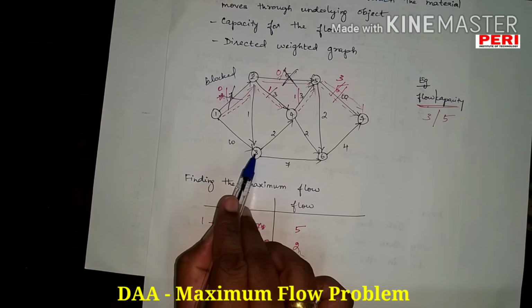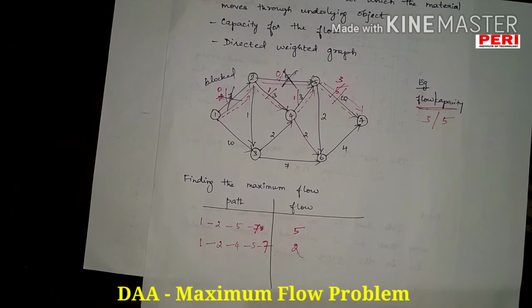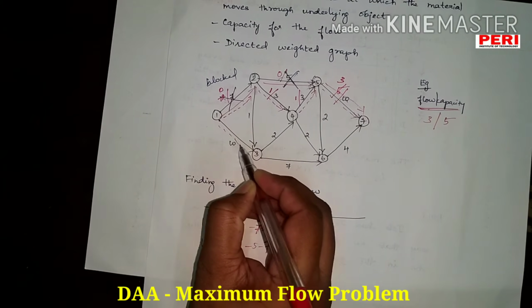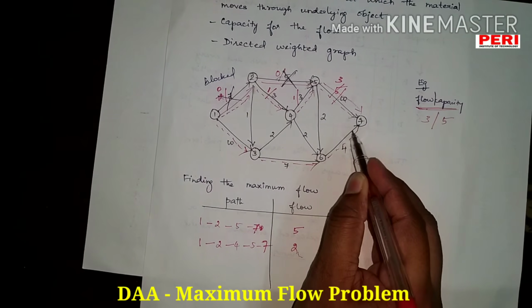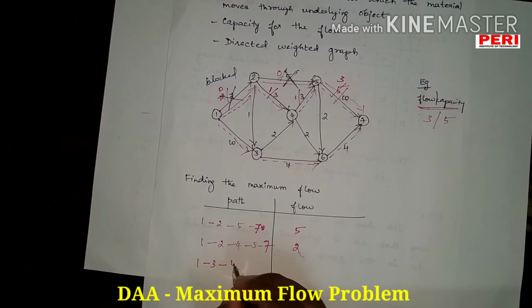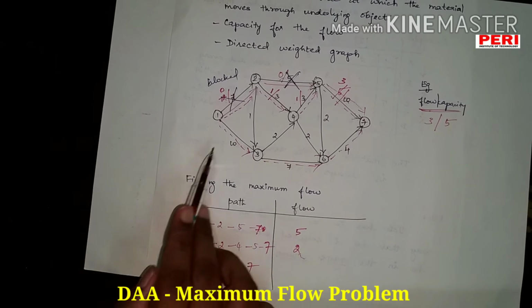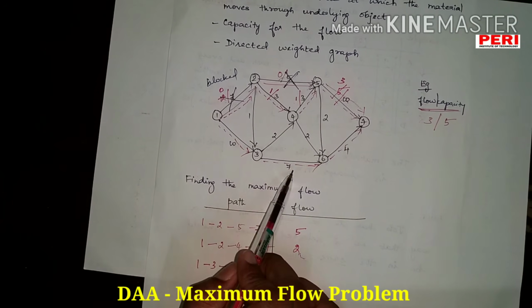So 1 to 3, 3 to 6 and 6 to 7. That is my next available path. Okay, what is the maximum flow? We have to see the minimum capacity. So 1 to 3 is 10, this is 7 and this is 4.